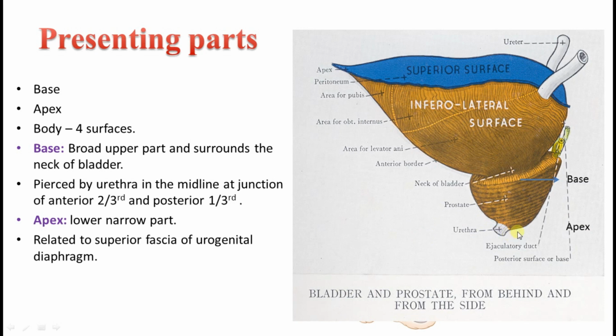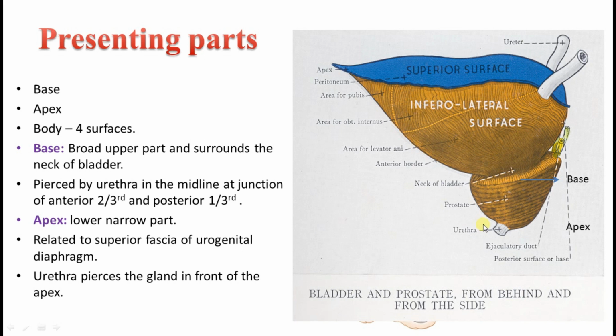So this part is the apex. Just in front of the apex, to be precise on the anterior surface, the urethra comes out of the prostate gland.